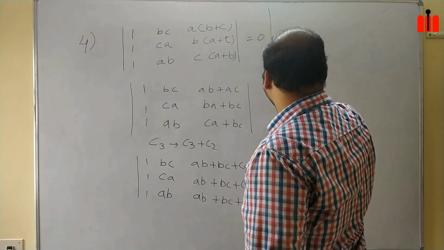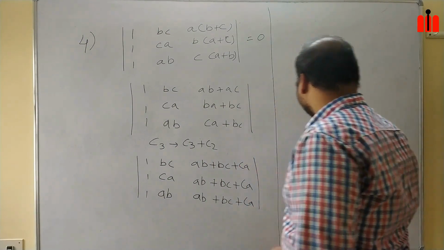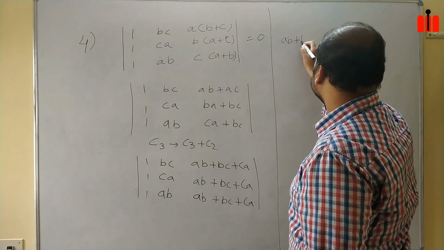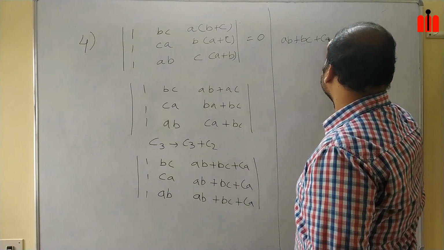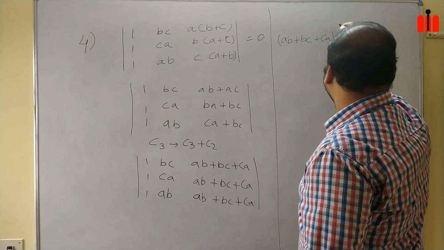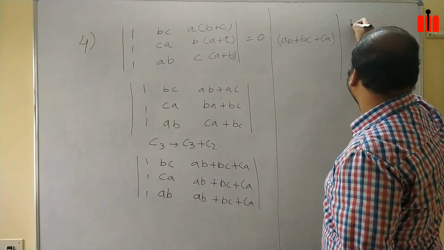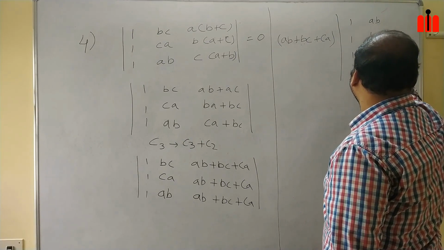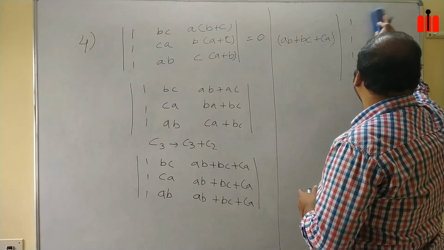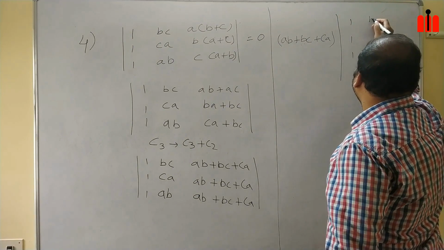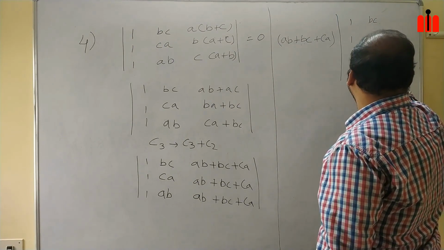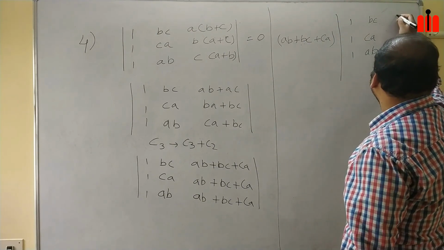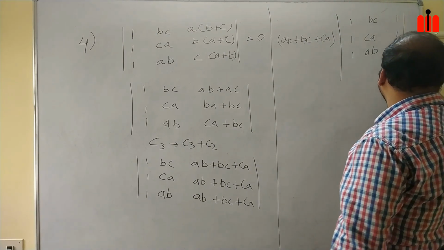So it will be AB plus BC plus CA, and inside the matrix you will get 1, 1, 1, BC, CA, AB, and here it is 1, 1, 1.